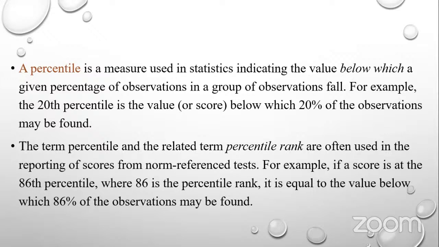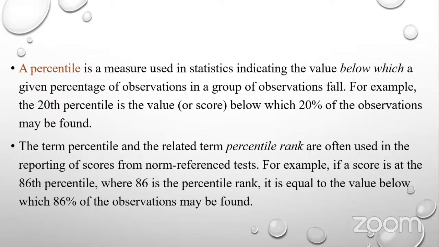explaining the second one, the term percentile and the related term percentile rank. This is often used in statistics. So what is the connection here? Percentile and percentile rank. For example, if a score is at the 86th percentile, where 86 is the percentile rank, it is equal to the value below which 86% of the observations may be found.